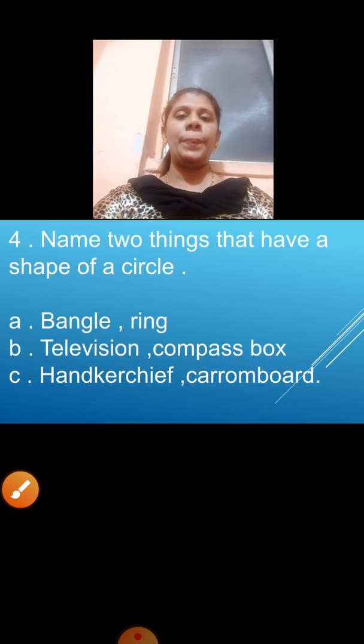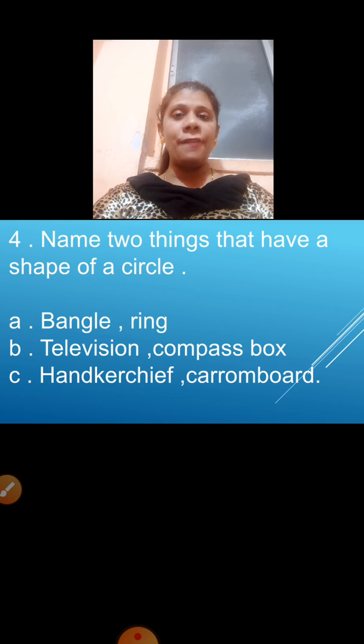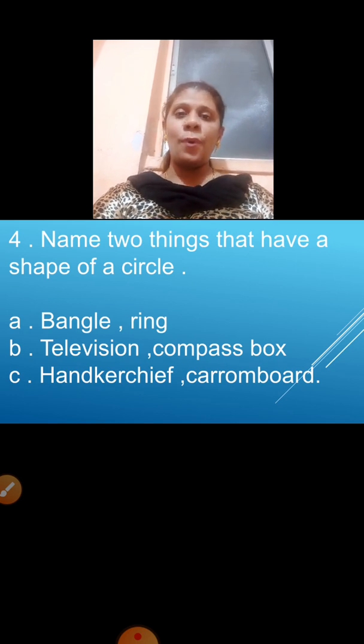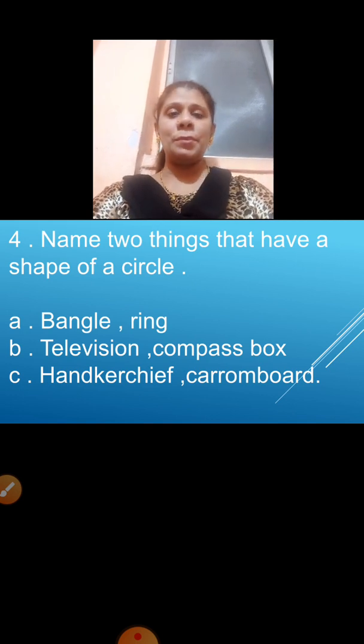Next question. Question number 4. Name two things that have a shape of a circle. Bangle, ring, television, compass box, handkerchief, carom board.